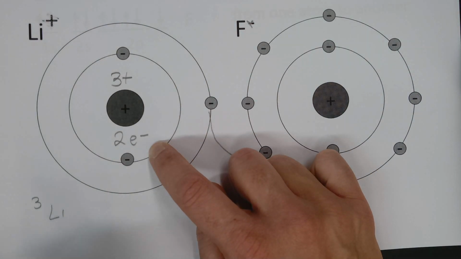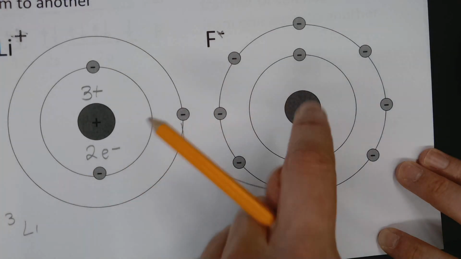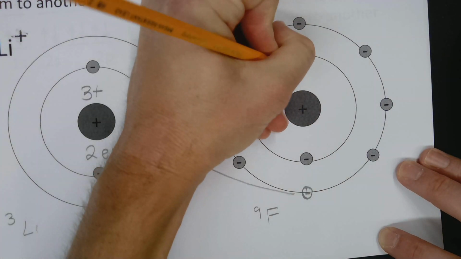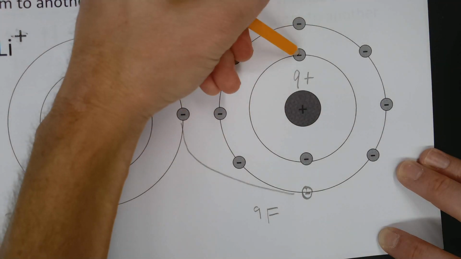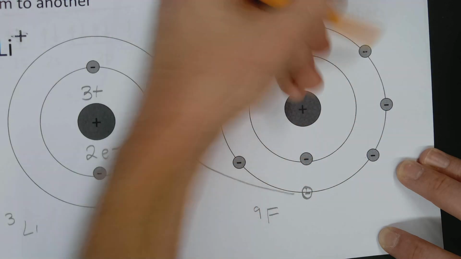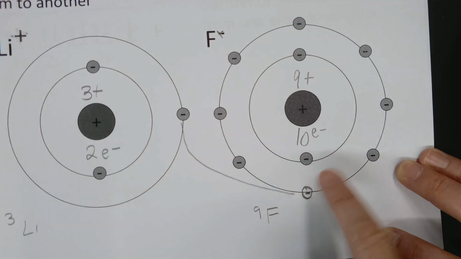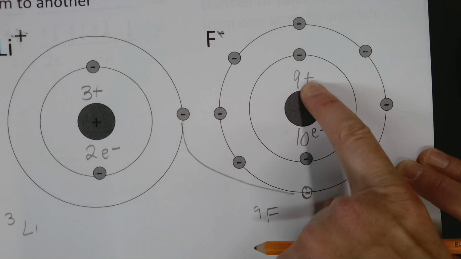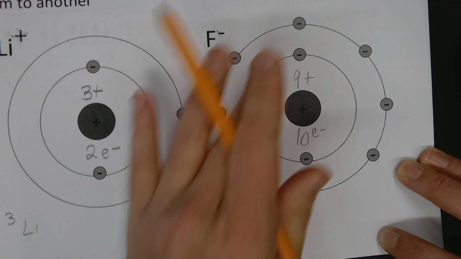Along the same lines over here, fluorine has 9 protons, but now if you count, it has 1, 2, 3, 4, 5, 6, 7, 8, 9, 10 electrons. So because it has one more negative than positive, fluorine has a negative charge.